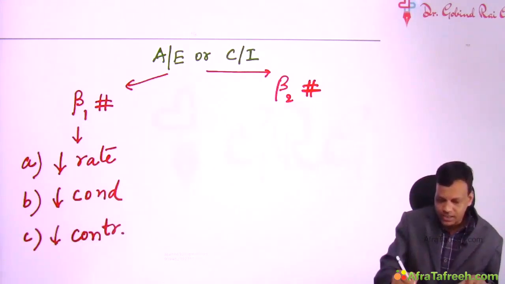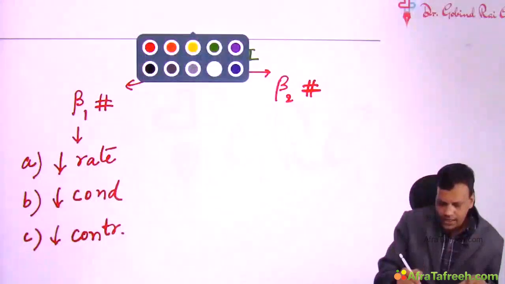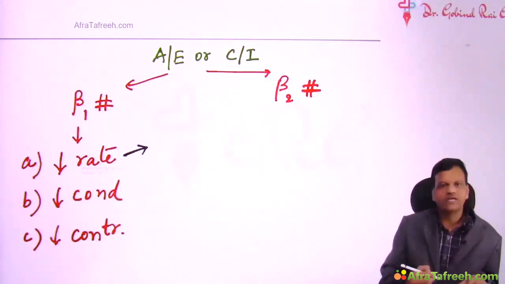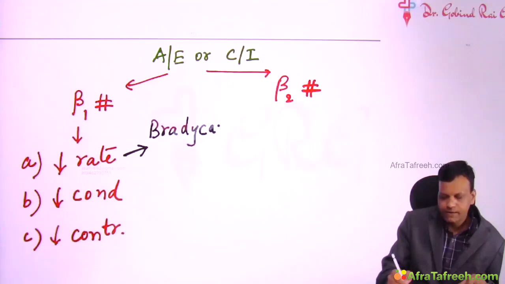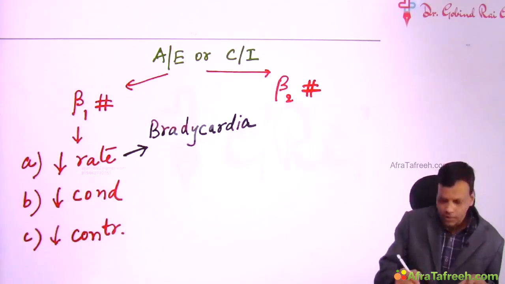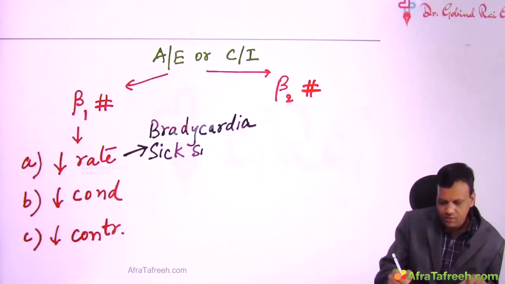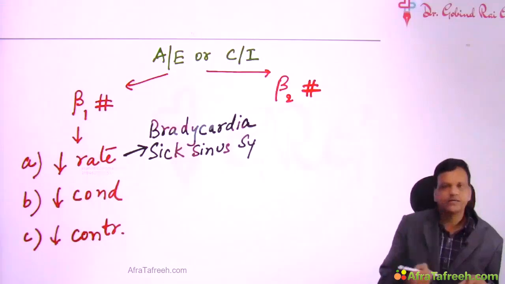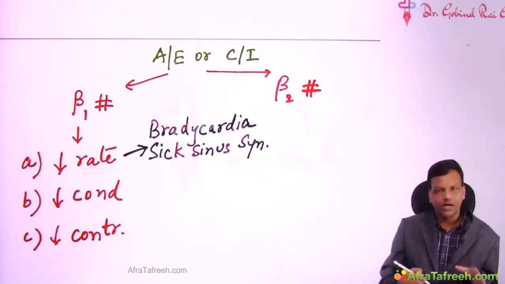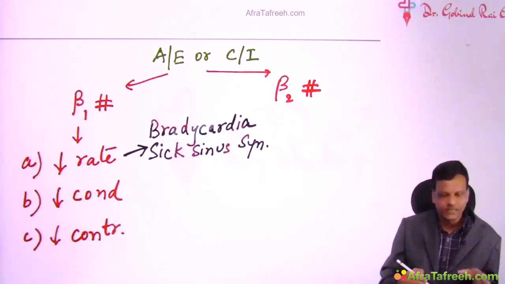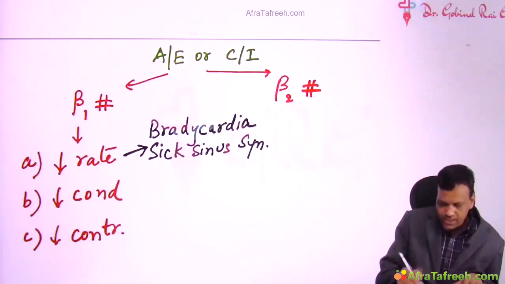So beta blockers decrease heart rate. So they are contraindicated if a person is already having decreased heart rate. So they are avoided in a patient with bradycardia. They are also contraindicated if a person is having a disease called sick sinus syndrome, which is characterized by severe bradycardia. Second, beta blockers decrease conduction.